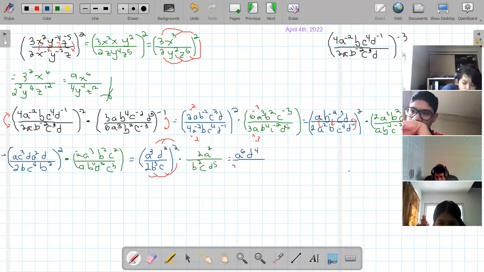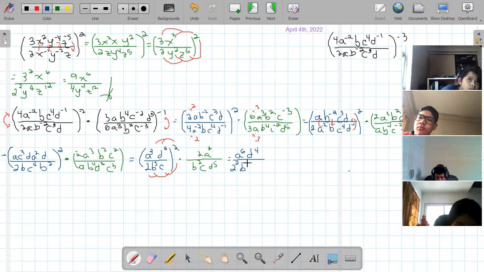2 to what power? To the second power, because remember there's an invisible one in there. B to what power? Six.